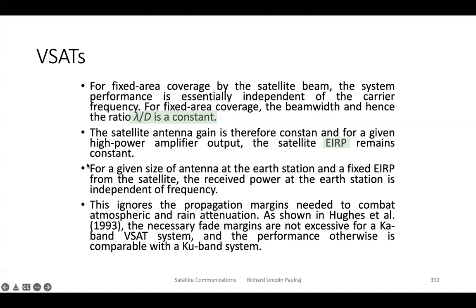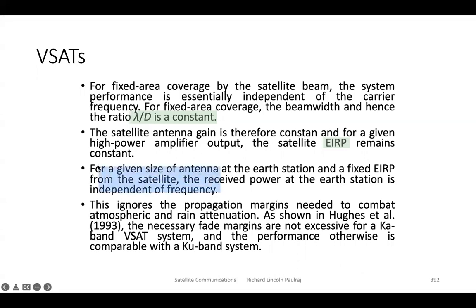For a given size of antenna, we make sure that for a fixed EIRP from the satellite, the received power at the Earth station is independent of frequency.